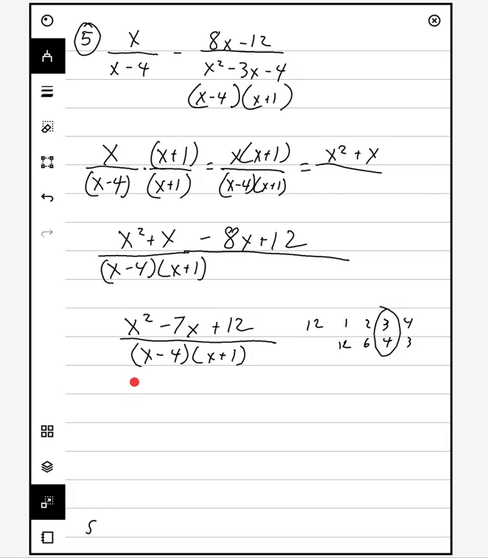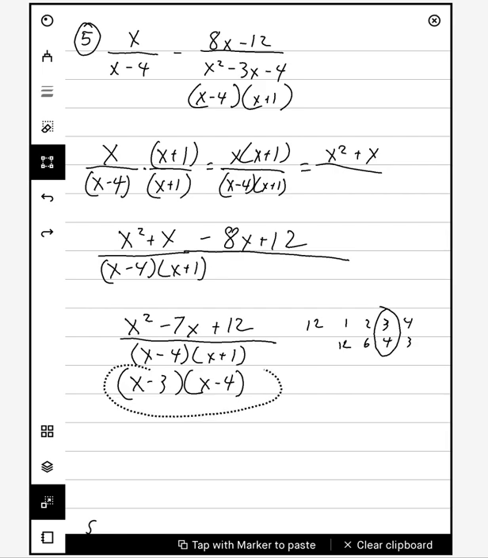Okay, so let's rewrite this as a factor. It's going to be some form like this. And then we're going to add in the negative 3 and the negative 4. Cool. All over, here, let me move this. This might get a little confusing. And then x minus 4, x plus 1.